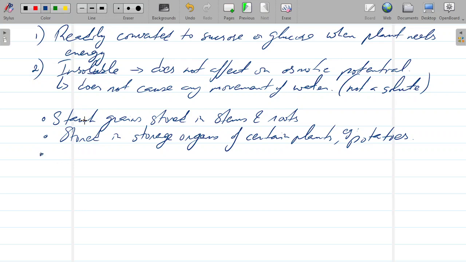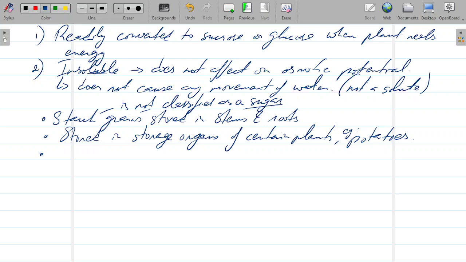Now, remember, starch is not classified as a sugar. It's a carbohydrate, yes, but it is not a sugar. Why? Because a sugar is sweet and it is soluble in water, and starch is insoluble, we just talked about it.